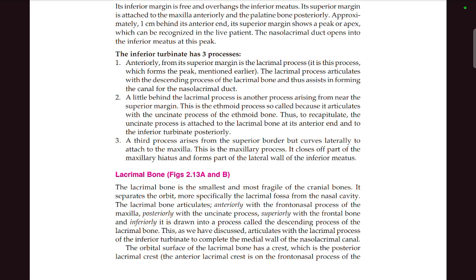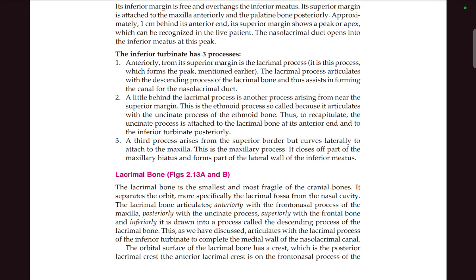Lacrimal bone. The lacrimal bone is the smallest and most fragile of the cranial bones. It separates the orbit, more specifically the lacrimal fossa, from the nasal cavity. The lacrimal bone articulates anteriorly with the frontonasal process of the maxilla, posteriorly with the uncinate process, superiorly with the frontal bone, and inferiorly it is drawn into a process called the descending process of the lacrimal bone.